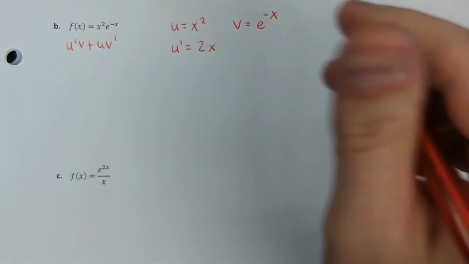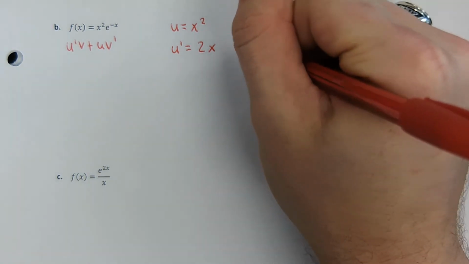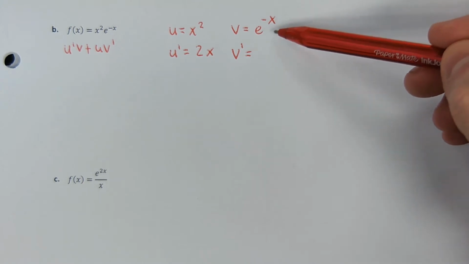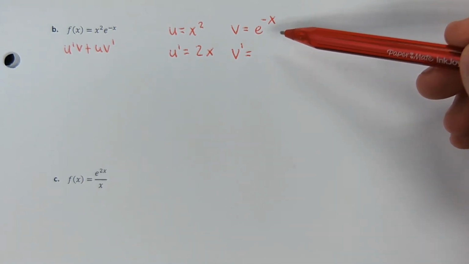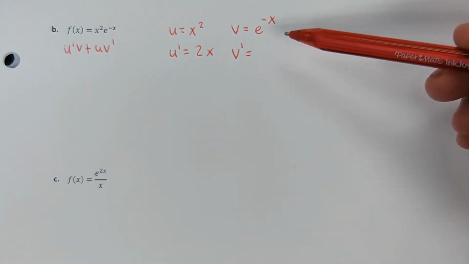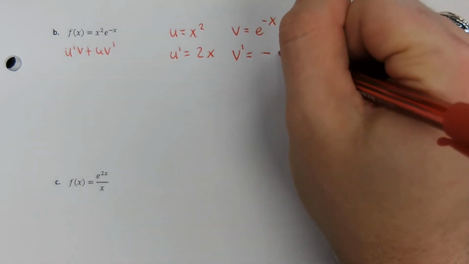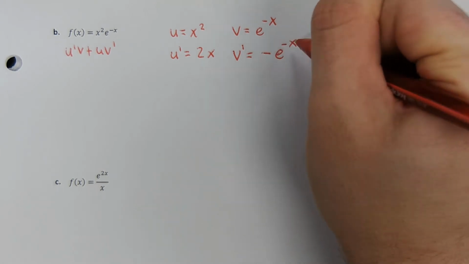Drop the 2 down. Now v prime, I don't want to show the work, I just want to talk about it. It would be write the original e function, which is e to the negative x, times the derivative of its exponent. But what's the derivative of its exponent? -1. That makes v prime negative e to the negative x.